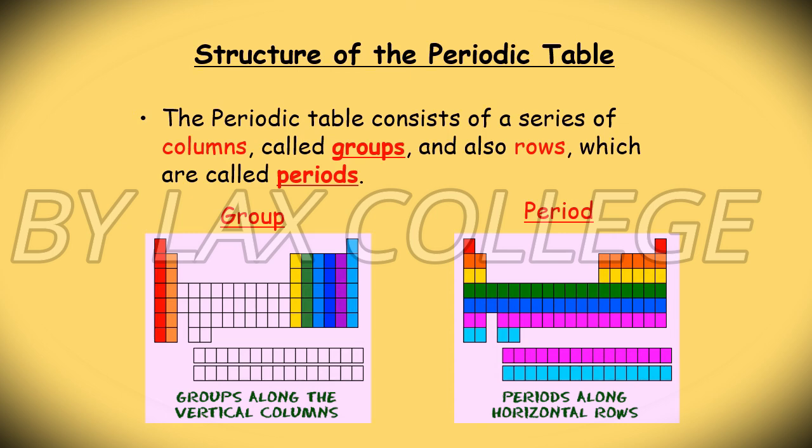So you can see in that picture on the left, the vertical colours, the red, the orange, the yellow, green, etc. Those are groups. So if you start at the top of a column and go down, that is a group. Each row in the periodic table is called a period. And that's where it gets its name. The periodic table is because it's a table of rows called periods. So if you're going down, it's a group. If you're going across, it's a period.